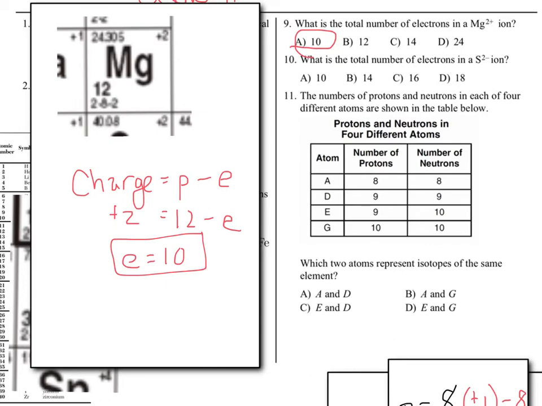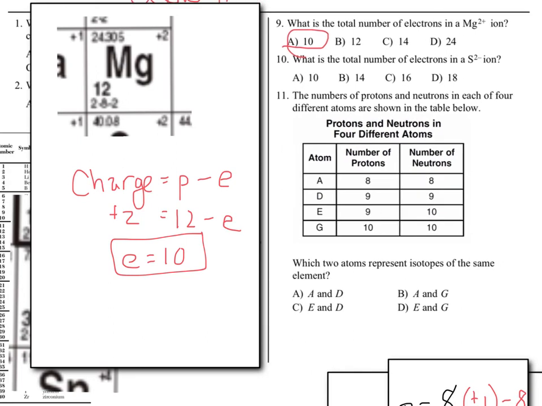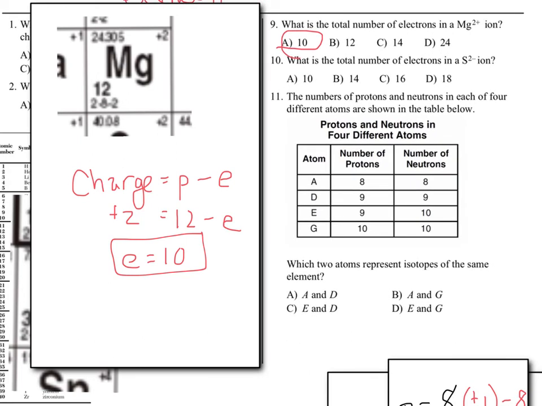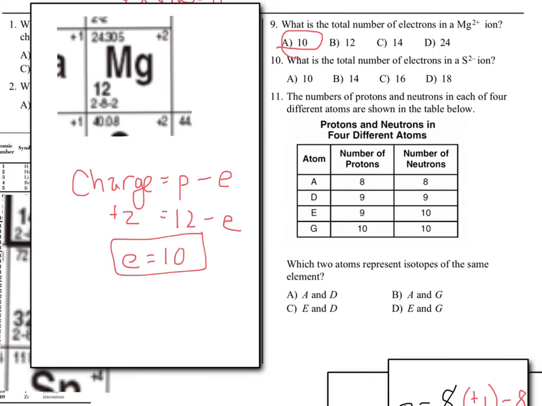Now let's try this again, looking at the sulfur ion. Pause the video now to see if you can determine the number of electrons in a sulfur 2- ion. Remember that 2- is the same thing as -2.